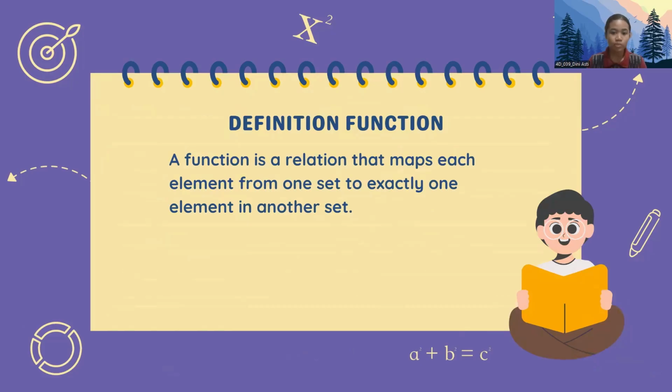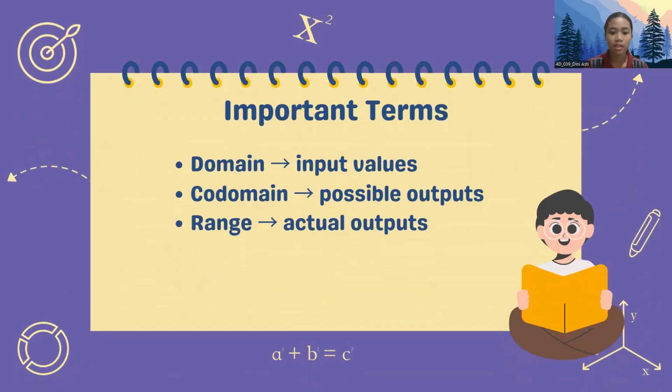Now, let's talk about functions. A function is a specific type of relation that maps each element from one set to exactly one element in another set. There are three important terms here.